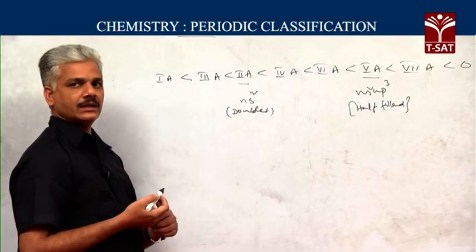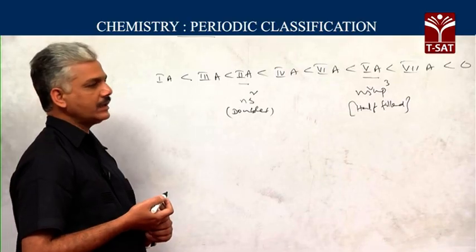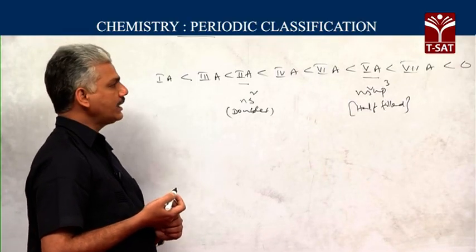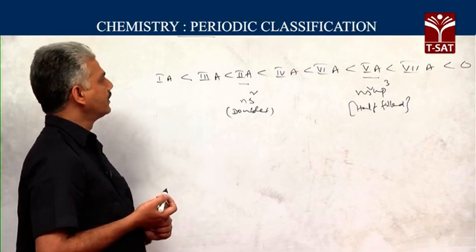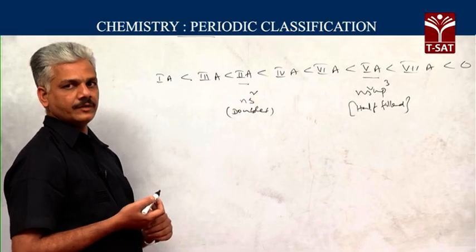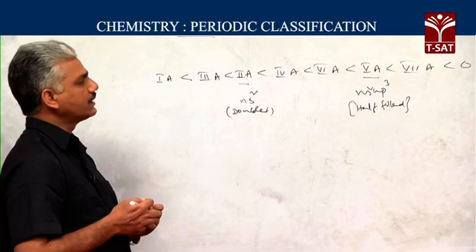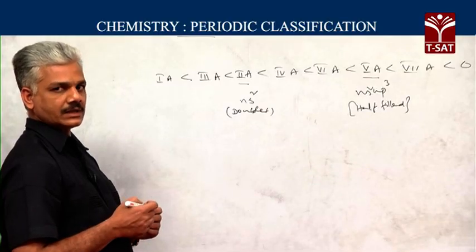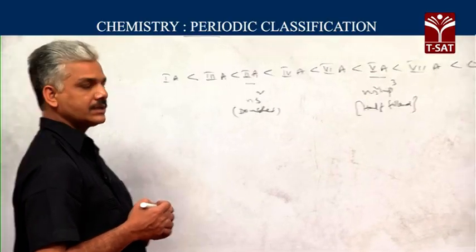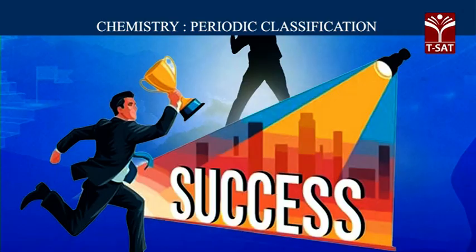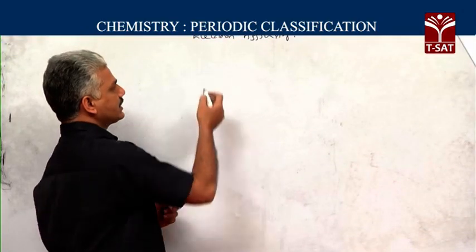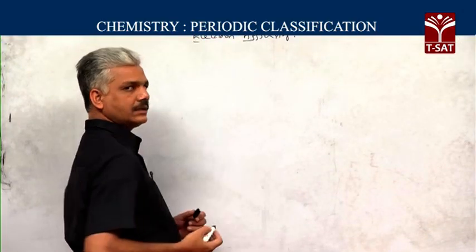That is why their IP values are comparatively higher than the immediate group elements. So, this order has to be remembered while working out problems on this concept. Periodic property next: electron affinity. In short, it is represented as EA.